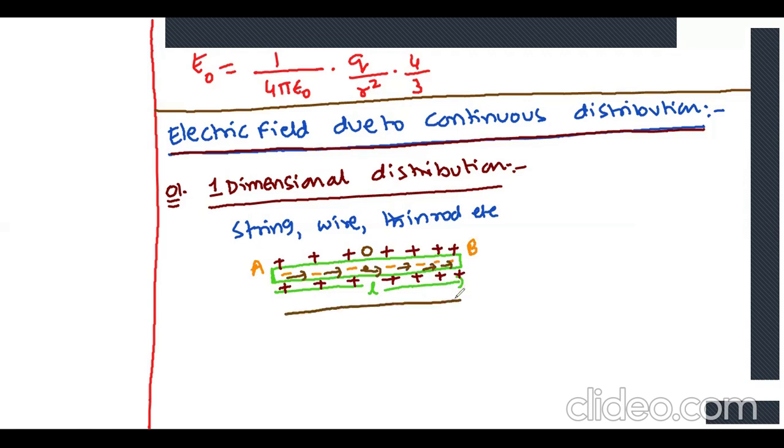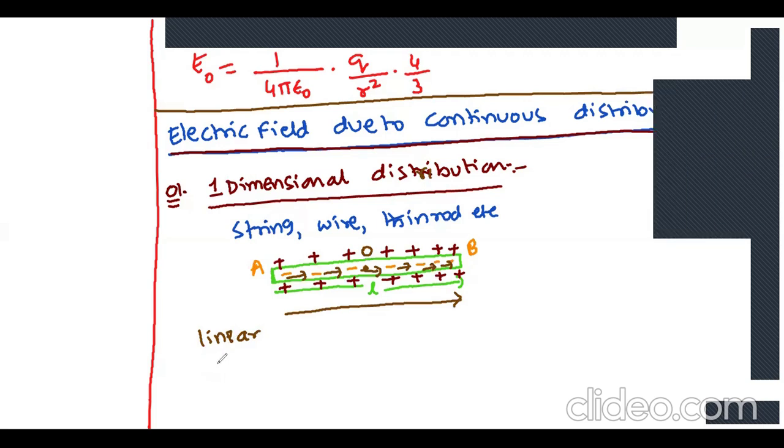Along its length, charge will be distributed. So that's why it can be called one-dimensional distribution. At every point the distribution is same.